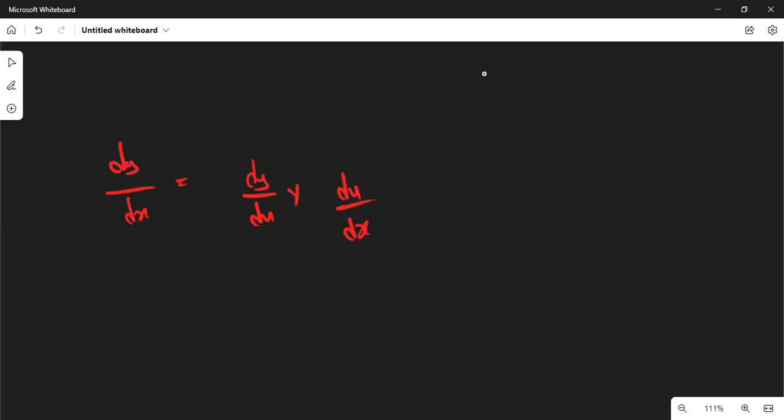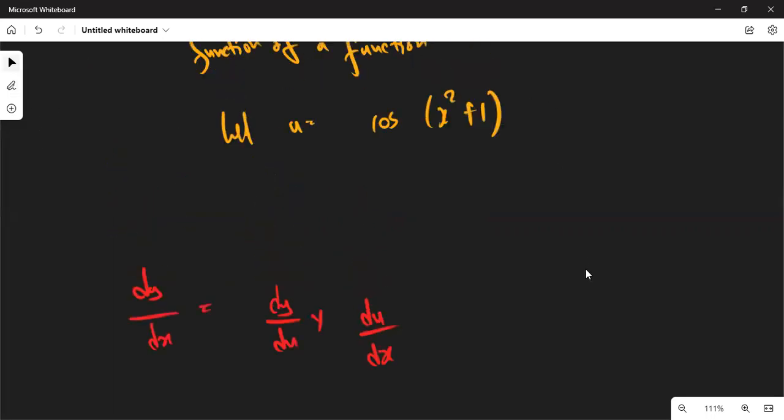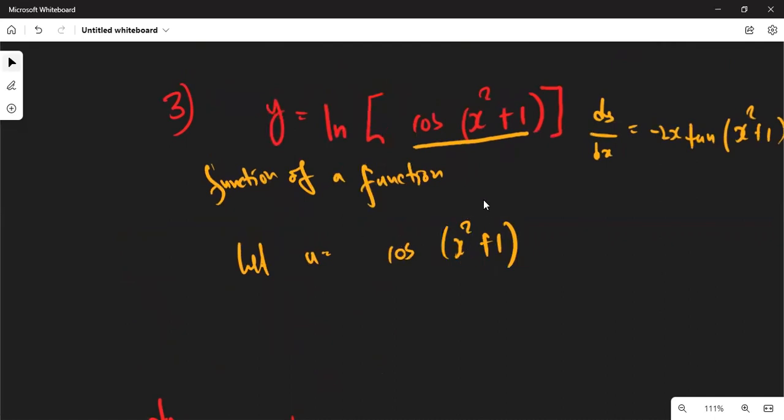So here we have dy dx, this is dy du, and du dx. If I consider what we have here, we said let this be u. Here we shall have our du with respect to x, but we now need to rewrite y in terms of u.